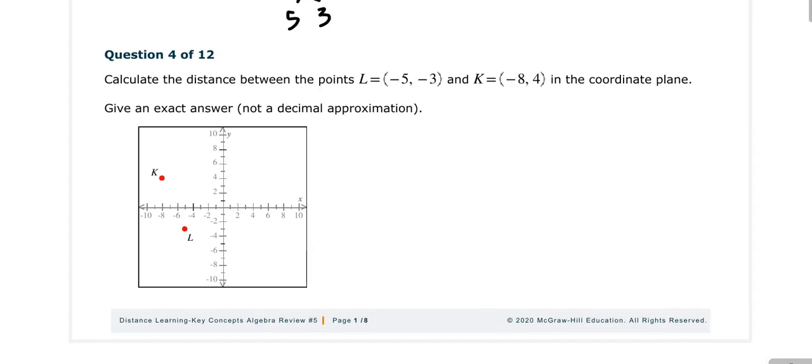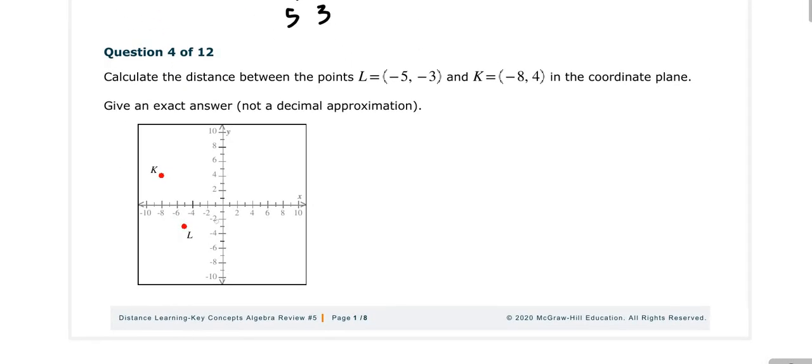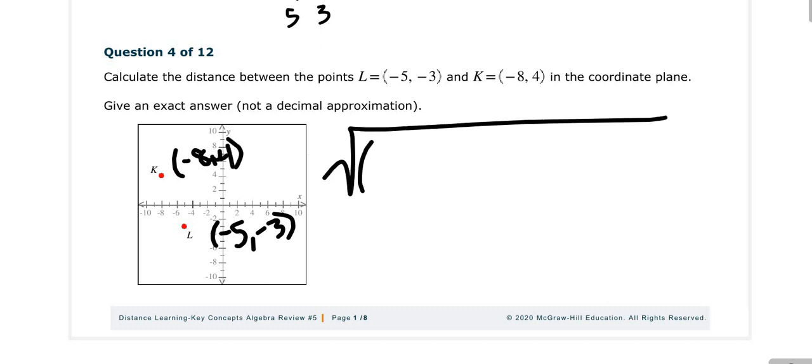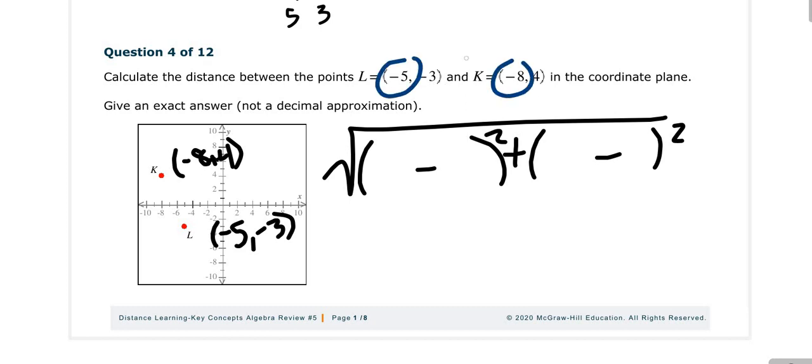Calculate the distance of the points L, which is at -5, -3, and K, which is at -8 and 4. Distance equation, giant square root, subtract the x's squared plus subtract the y's squared. So the x's, it doesn't matter whether you go left to right or right to left.